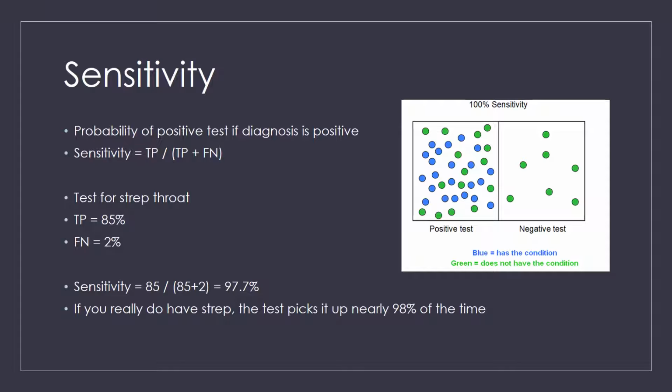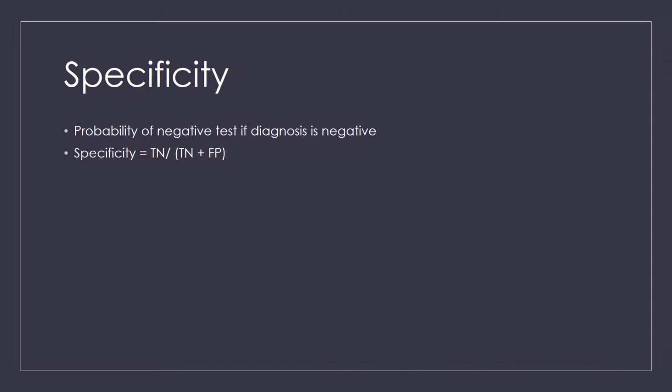So 100% sensitivity, if you have the disease, the test always picks it up. It doesn't mean that you don't have some of the green dots in the positive test too, which is also not good. But sensitivity is its ability to pick up the true diagnosis or the correct positive diagnosis every time.